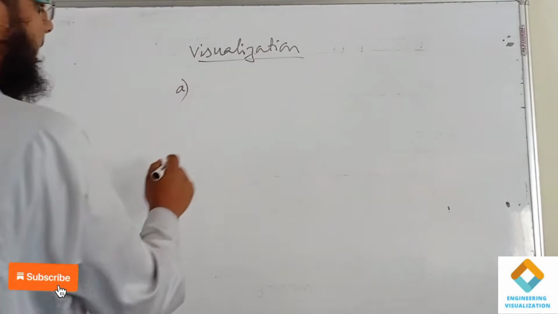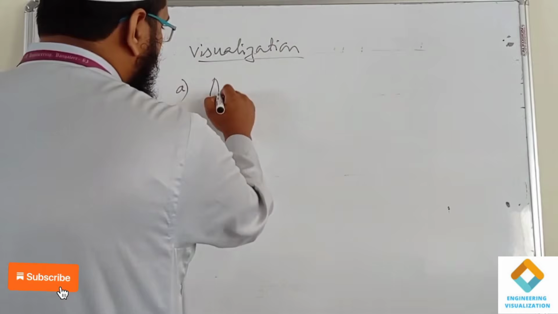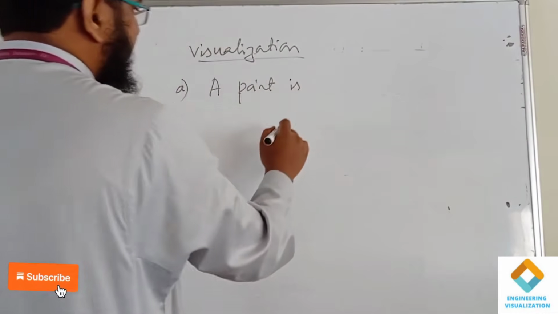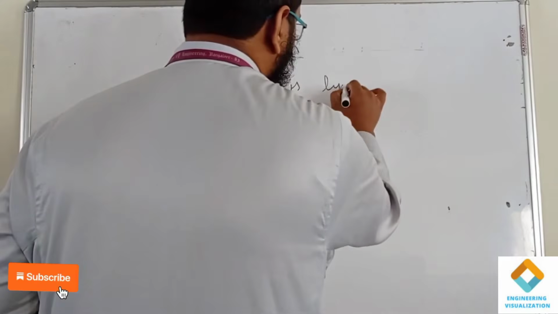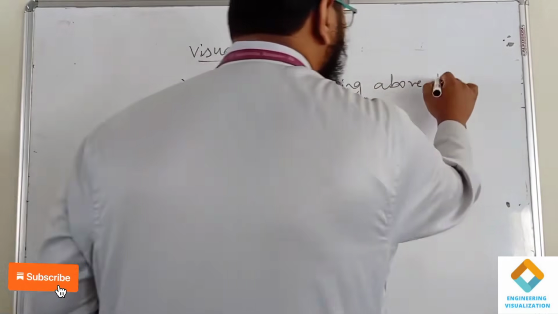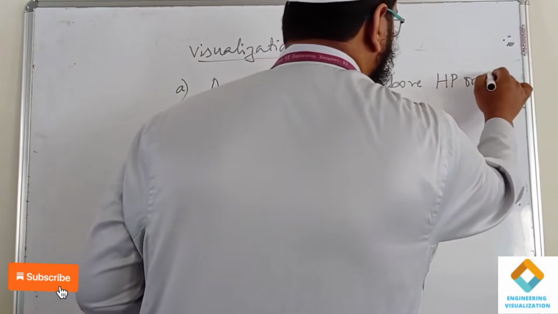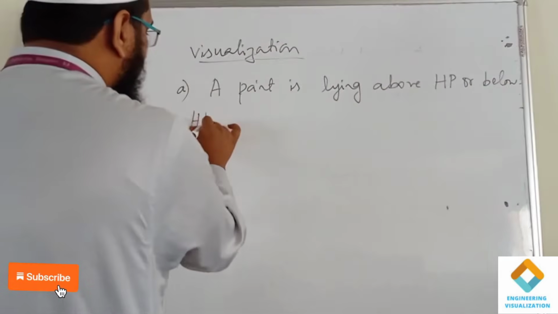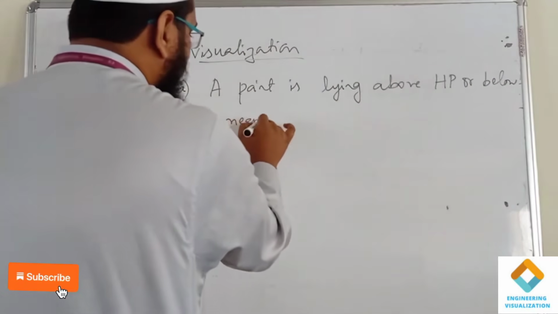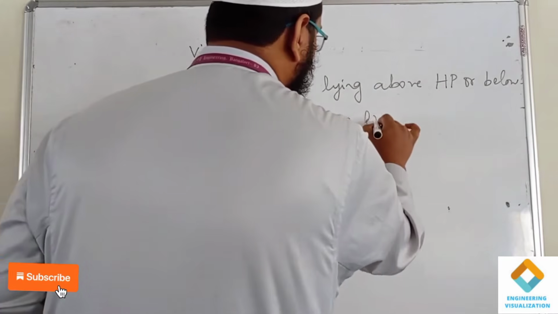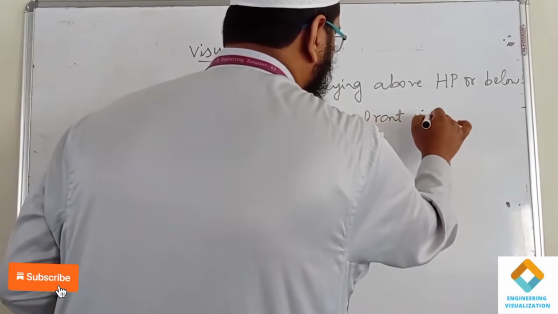So first, I define: a point lying above HP or below HP means it is a front view.